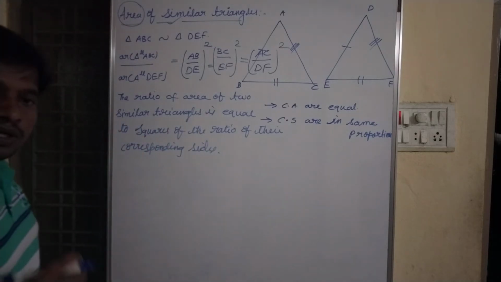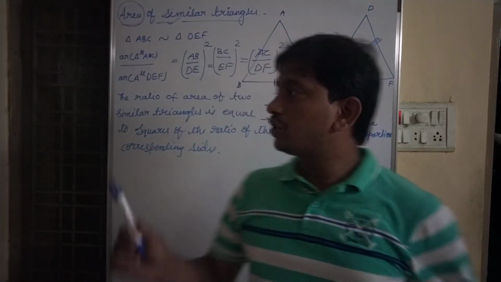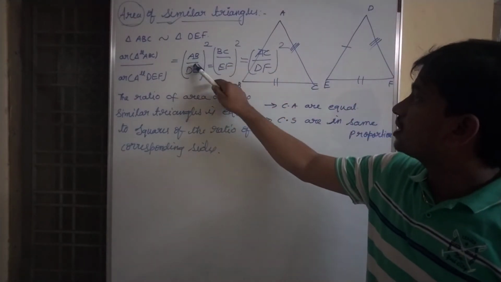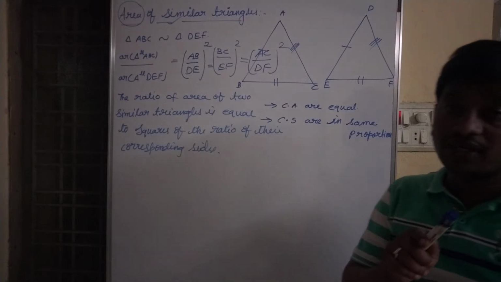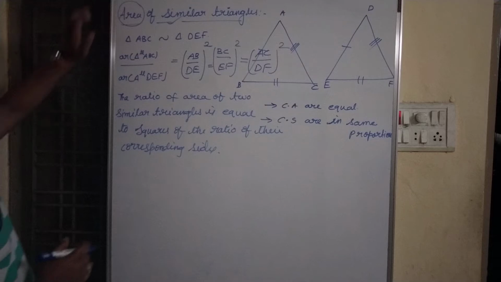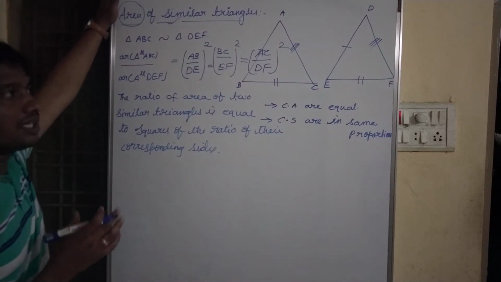That is the theorem. I mean ratio of area of two similar triangles is equal to squares of the ratio of their corresponding sides. For example, consider two triangles, triangle ABC and triangle DEF.